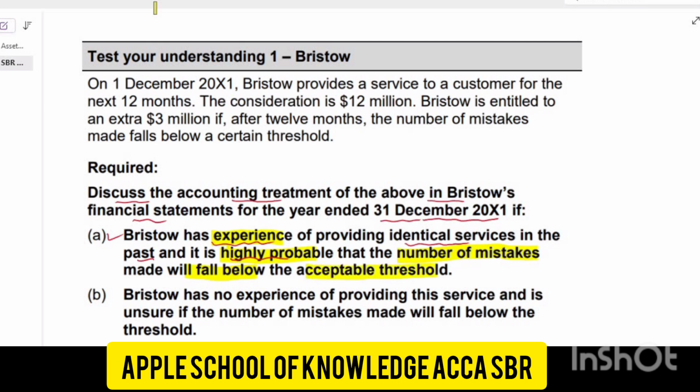And another one is the opposite, that is no experience of these services, and it's unsure that the number of mistakes made will fall below the threshold.